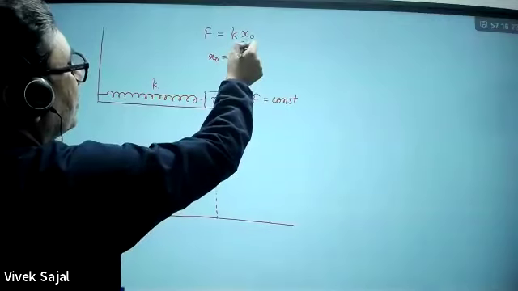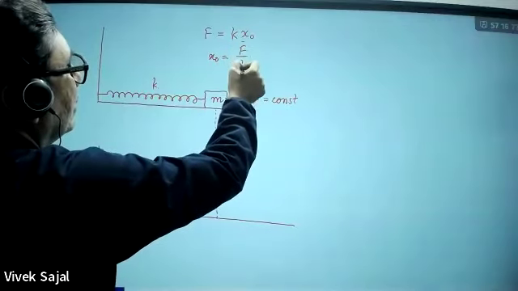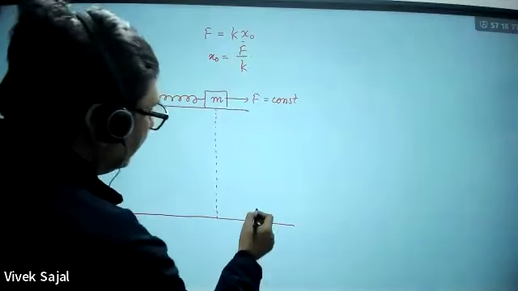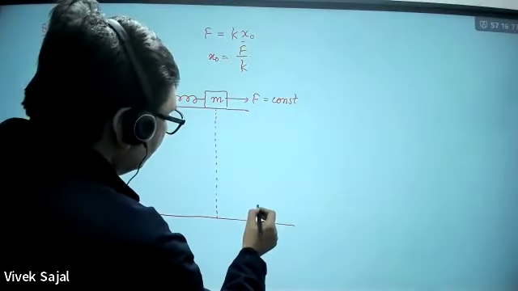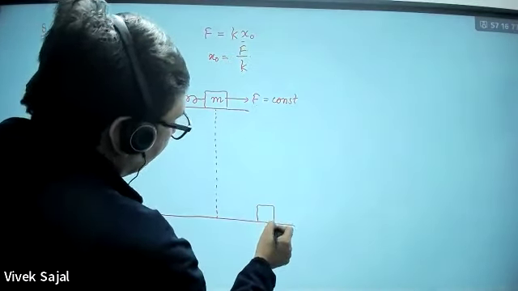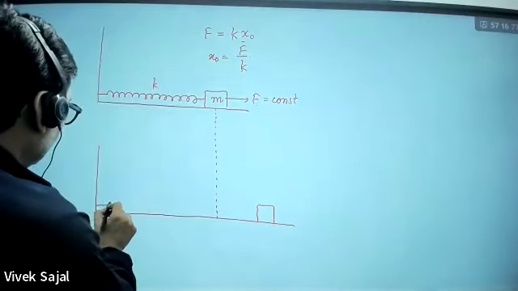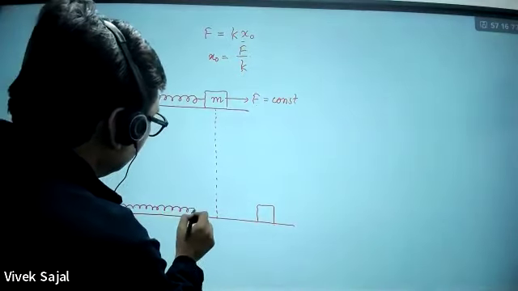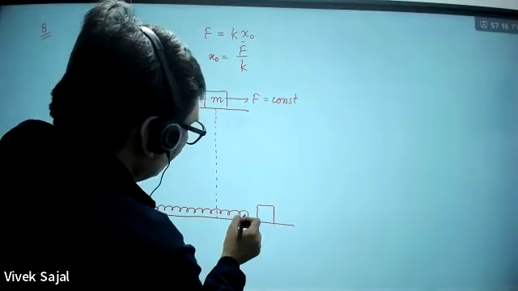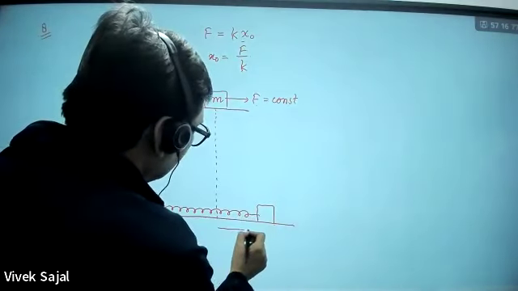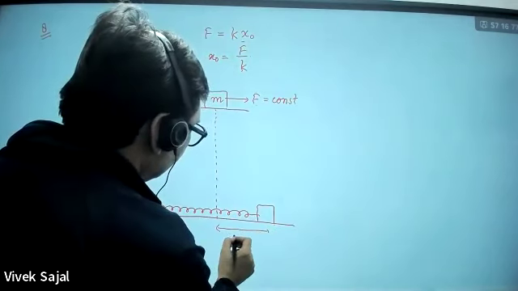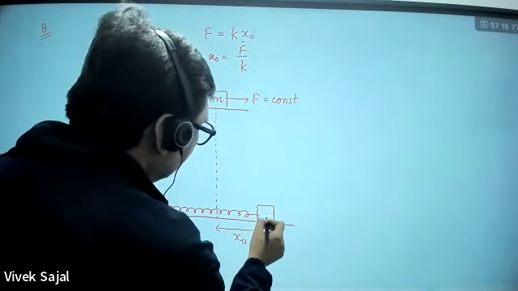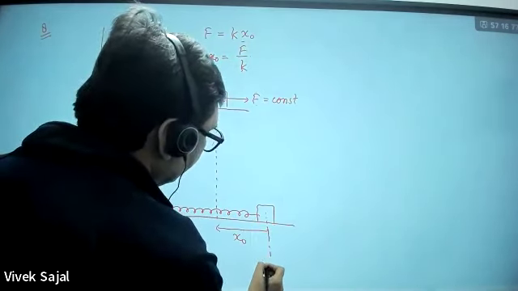The block will be displaced by a distance x naught equal to F by K. So it will be displaced to this position. Now this is the new equilibrium position. This is x naught, and this is the new equilibrium position.